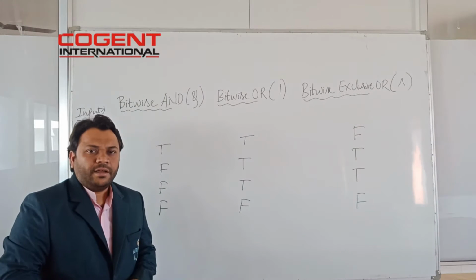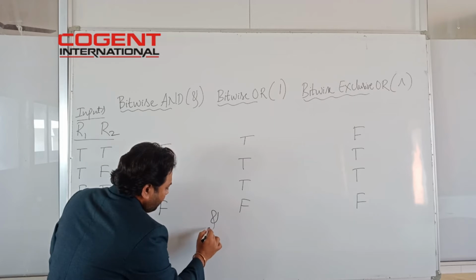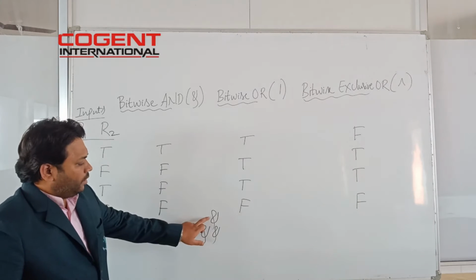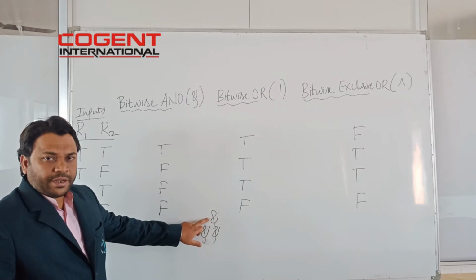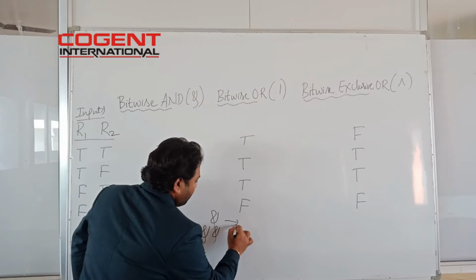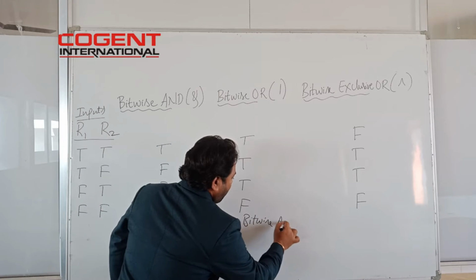Now let us understand the difference between the single AND symbol and the double AND symbol. The single AND symbol indicates the bitwise AND operation.